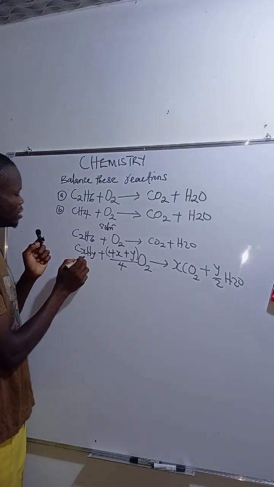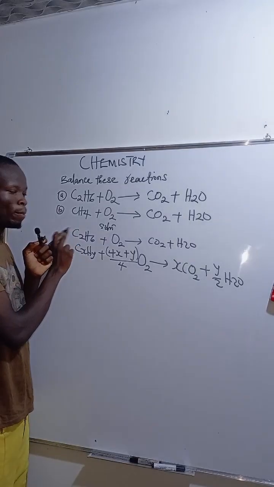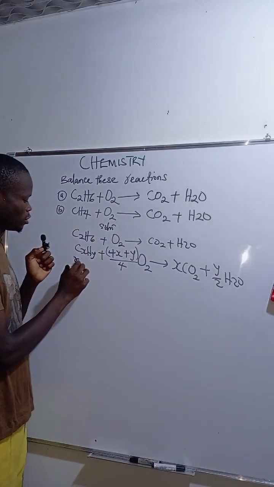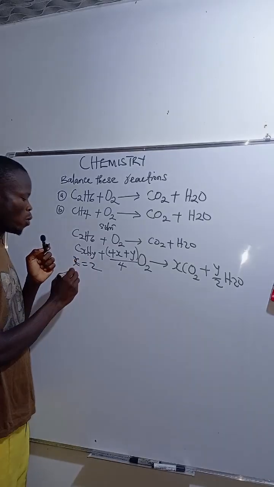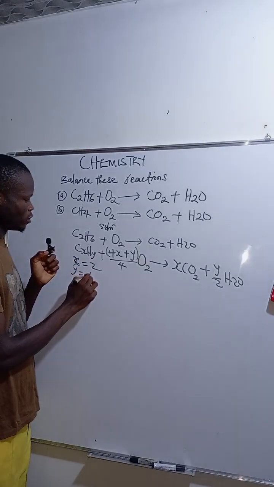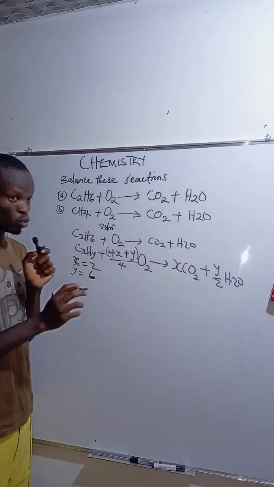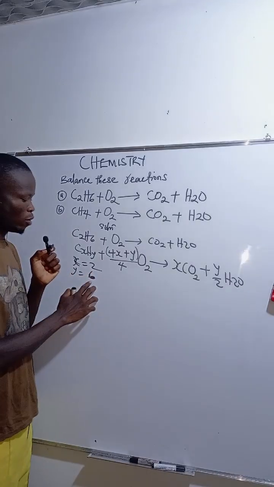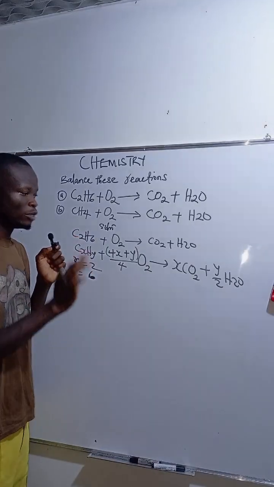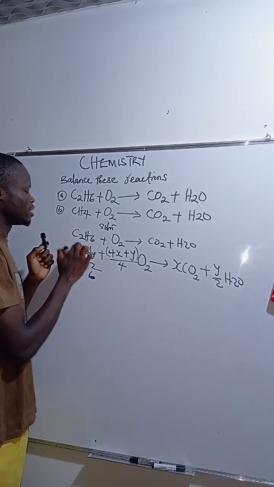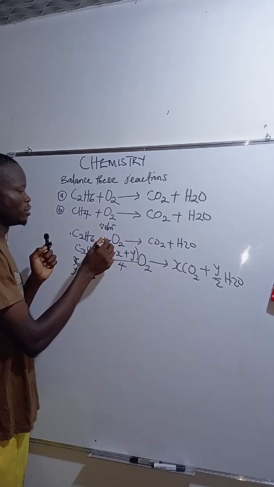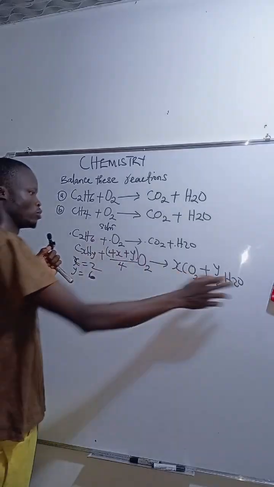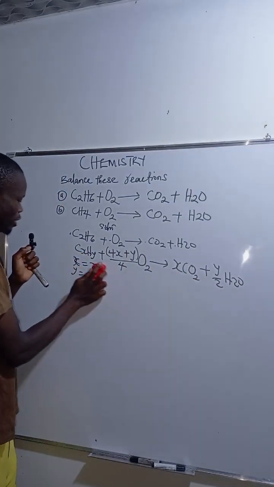Basically, this is a prototype of this compound now. So that means my x here will be what? 2. While my y will be what? 6. So anywhere I see x, I will put 2. Anywhere I see y, I will put 6. If I substitute, I should be able to get the numbers that are supposed to be in any part of this reaction. So let us balance it together now.